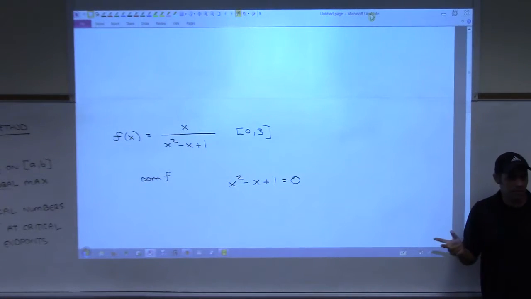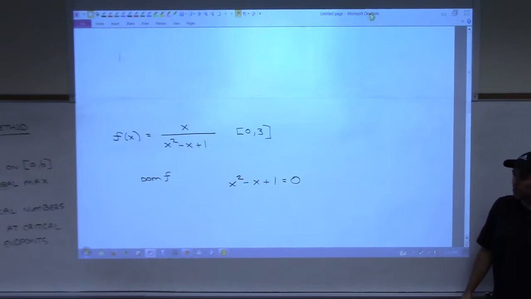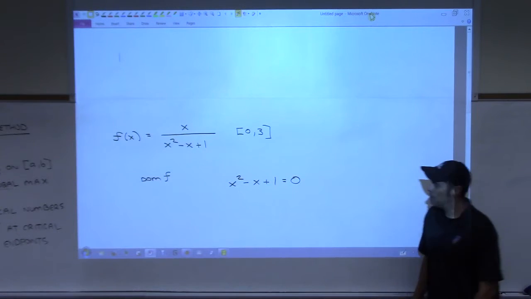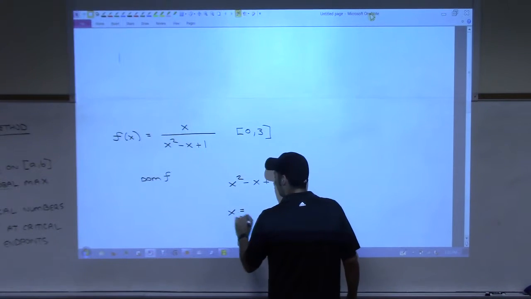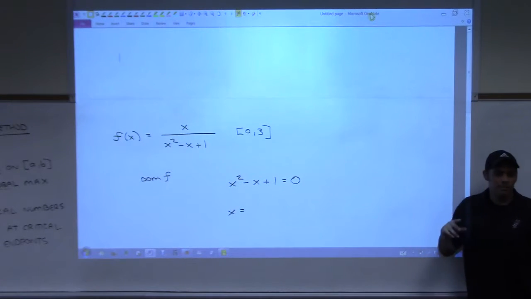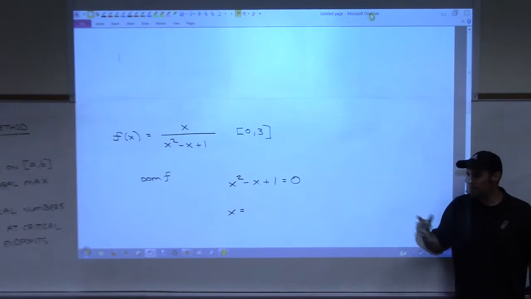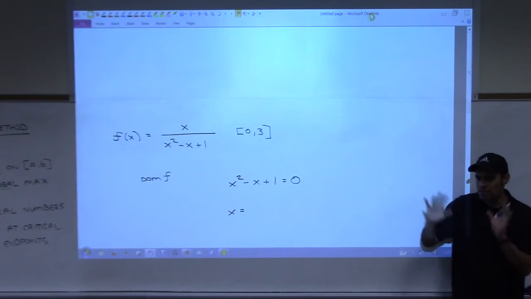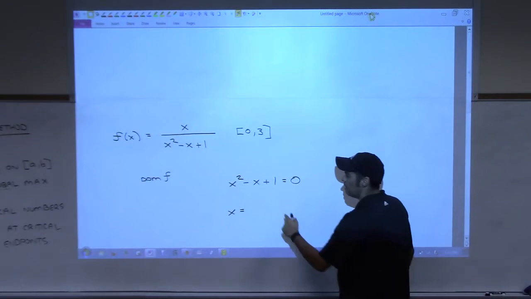Understand that? All right, so you get to solve that. It's not going to factor. You can't factor that quadratic. So your only option is the quadratic formula, right? So x is equal to negative b plus or minus the square root of b squared minus 4ac, all over 2a. So I'm going to put it in here.